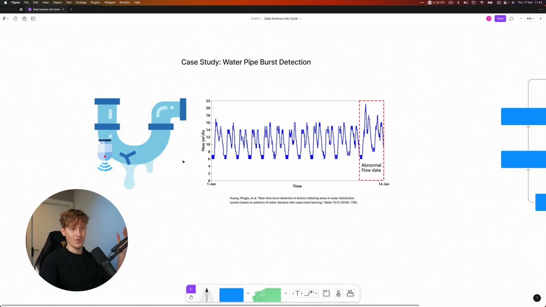So it could also measure the temperature, it could also measure various other quality parameters, but in this case, we really have to look into the flow of the water. So we have to look into the data and then determine, okay, so what are the relevant parameters that we have to look at? Are they available? What data sources do we need? Do we have to combine different data sources?